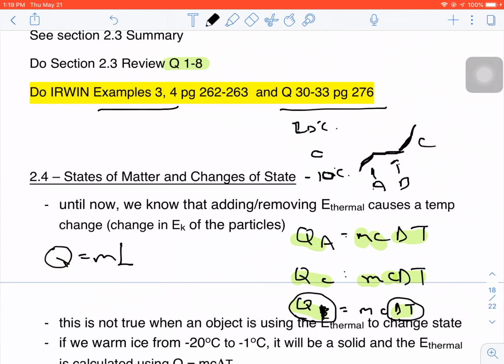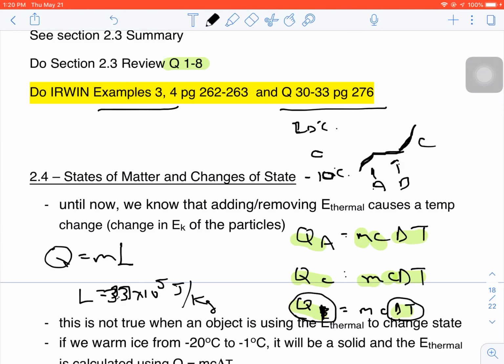So the L value for this is 3.3 times 10 to the 5, and the answer is in joules per kilogram. 3.3 times 10 to the 5 joules per kilogram. I need to get that number from the textbook. There's a table on page 266 and it tells me what that L value is.